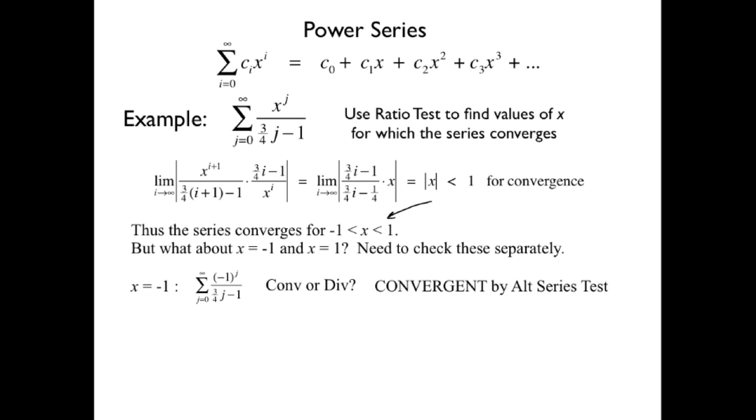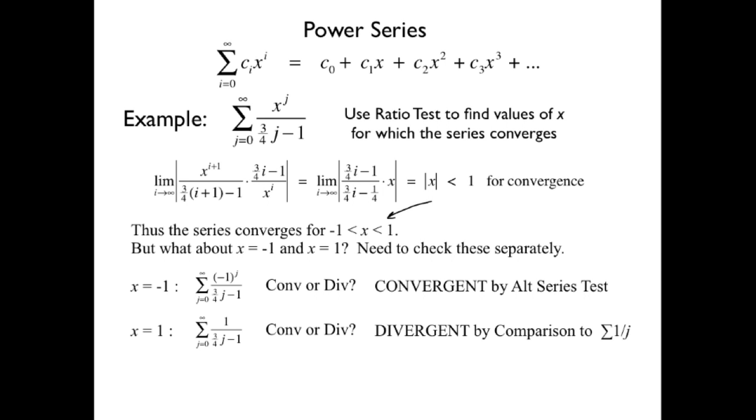and you can reason by the alternating series test that it's convergent. That meets the criteria for the alternating series test, so it's convergent. And then we plugged x equals 1 in. When we got x equals 1, we got this thing, which is kind of like 1 over j, right? There's 3/4 j, and it's -1, but it's kind of like 1 over j. But all those fractions are actually bigger than all the fractions of 1 over j, which we know diverges, so by the comparison test, this is going to diverge.